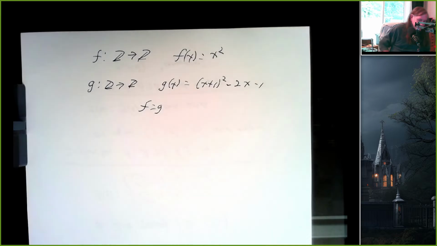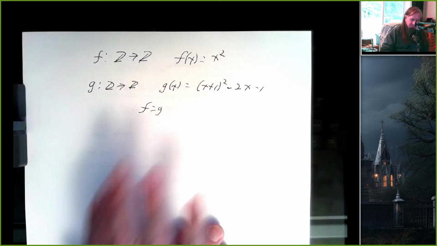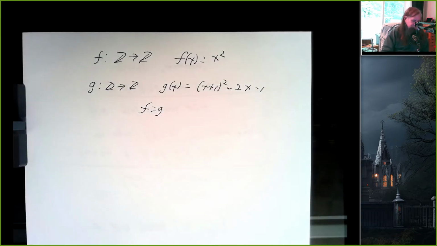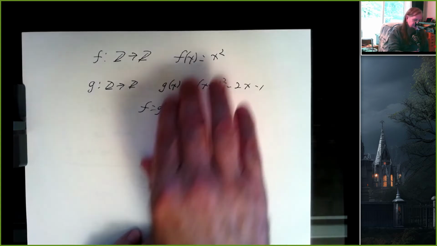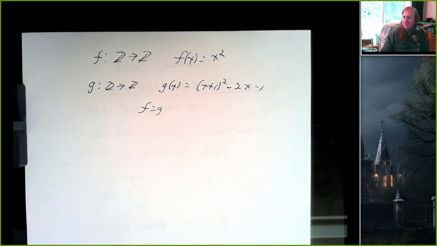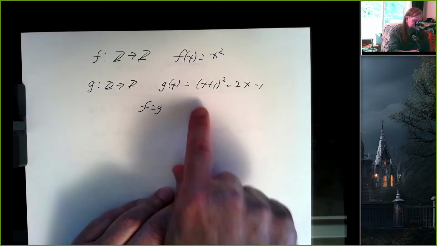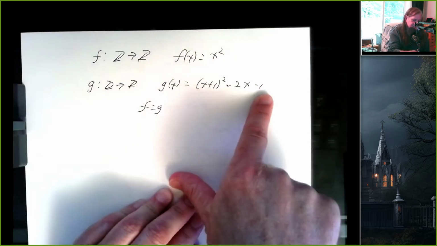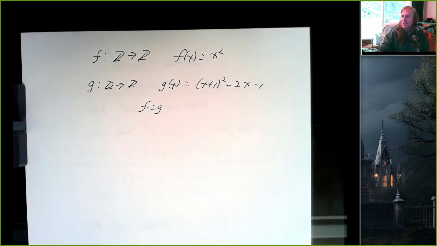So this is almost too obvious to actually write, but it's actually a fairly profound notion to be able to say that these two things are the same, that they agree at every possible value. The fact that we can see that by just multiplying this out, subtracting 2x plus 1, getting x squared, is actually a pretty powerful result.